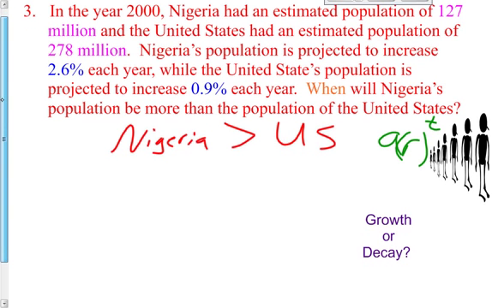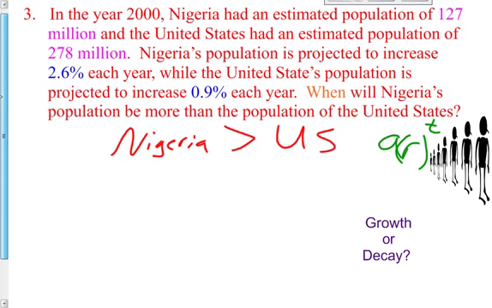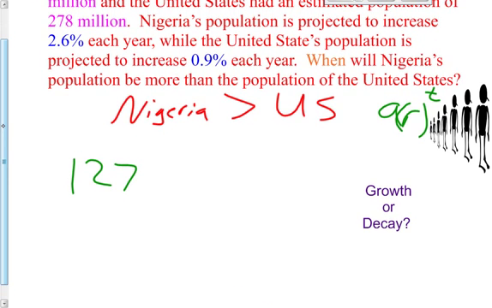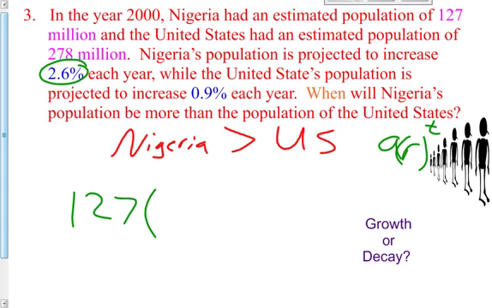So our initial amount of Nigeria is 127 million. So 127, I'm not going to write all those zeros, I'll just write 127. Okay, know that we're talking about in the millions. Multiplied by the rate. What's the rate of Nigeria? It's 2.6%, so as a decimal it's 0.026. Add 1 to that, 1.026.